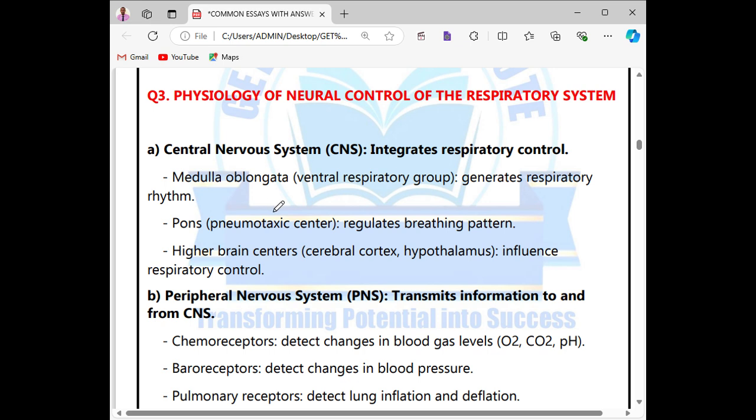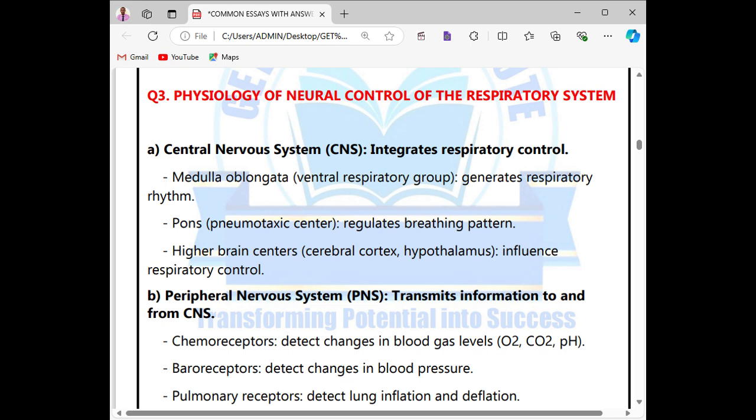So when it comes to the regulation of the neural control of the respiratory system, number one, we can talk about the central nervous system. The central nervous system is the one which integrates respiratory control.